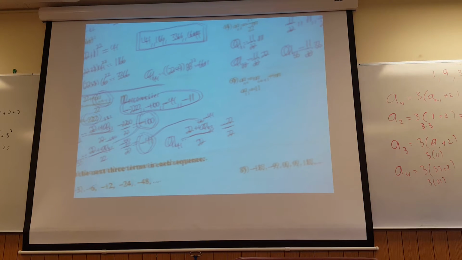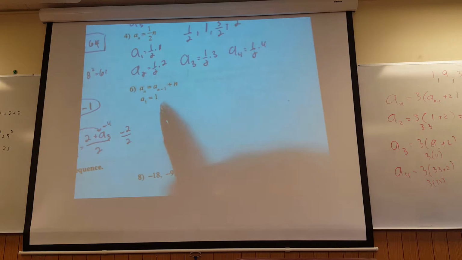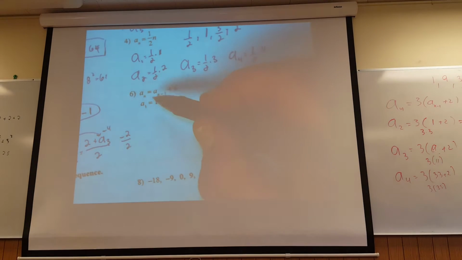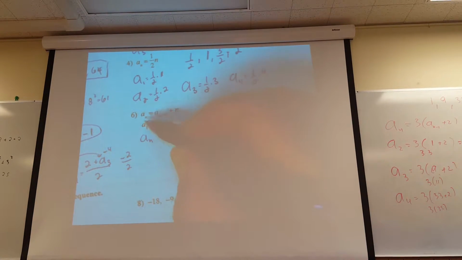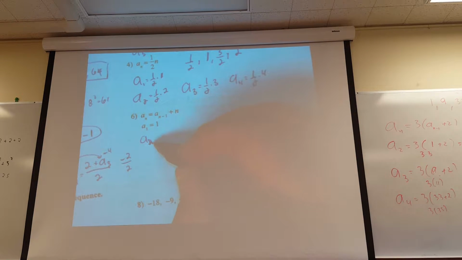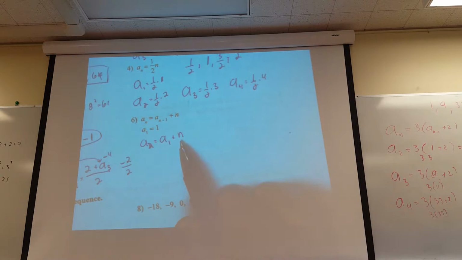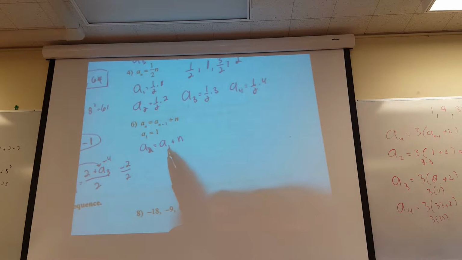Okay, look at number 6, okay? Okay, the first term is 1, so that's going to go right there. So our second term, A2, is going to be A1 plus N. Now N is the first term, okay, would be 1 here, okay?